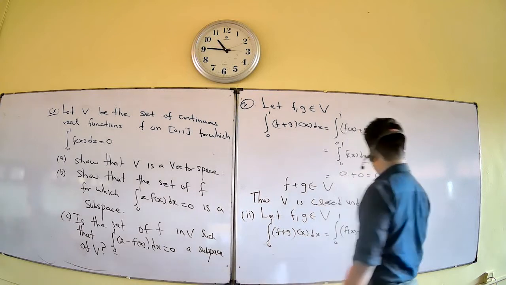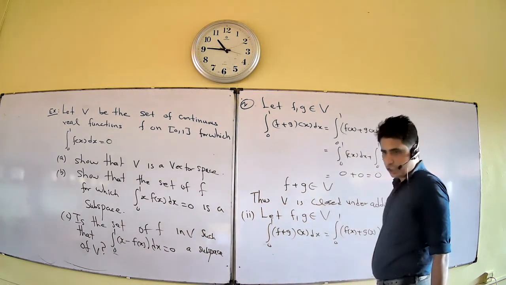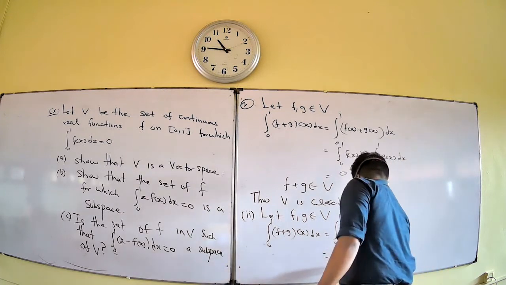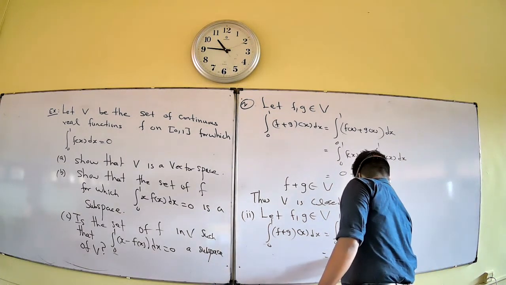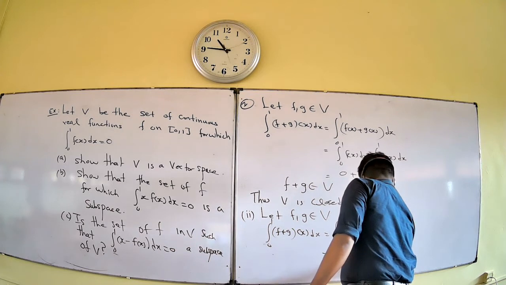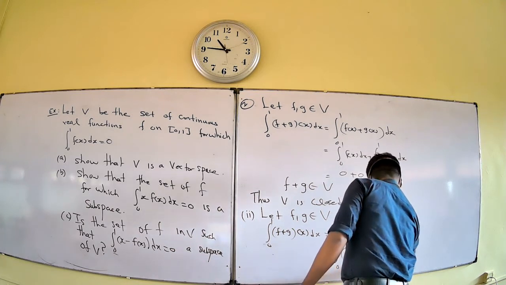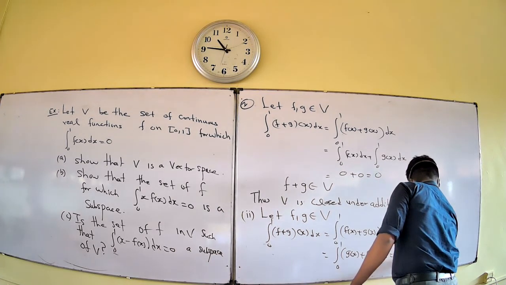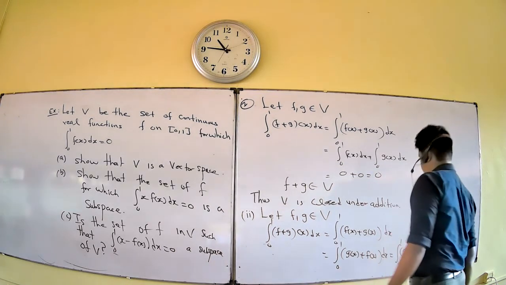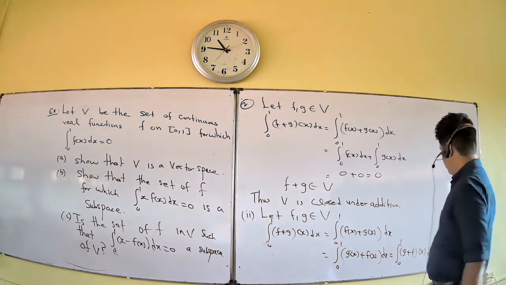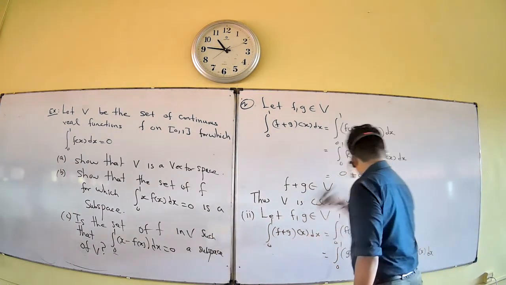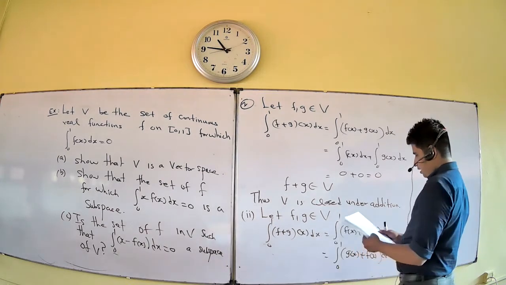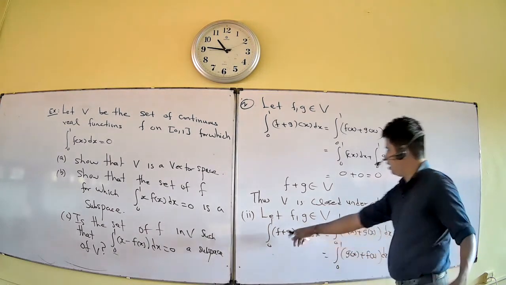Here, real functions form a vector space. Then you can write g(x) plus f(x), the integral from 0 to 1 of g(x) plus f(x) dx. So it is the integral from 0 to 1 of (g plus f)(x) dx. Therefore f plus g equals g plus f. Therefore this satisfies commutativity. Therefore this addition is commutative.